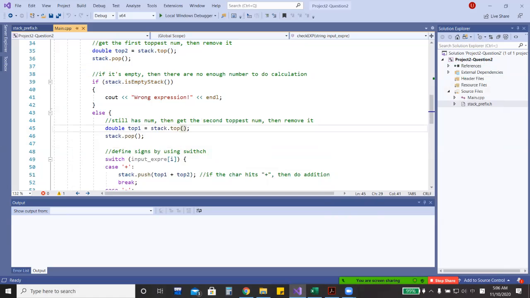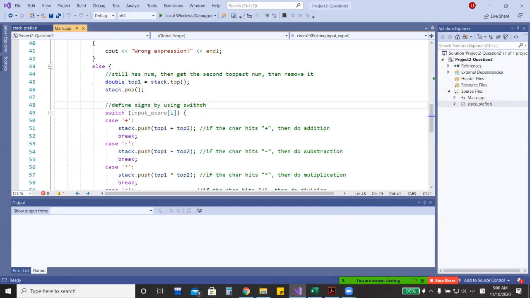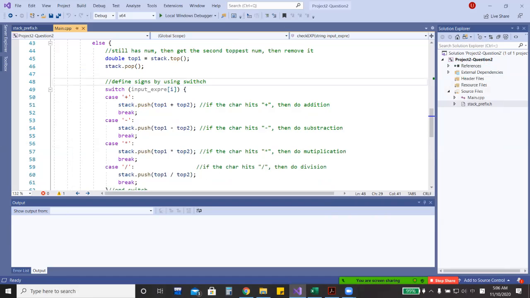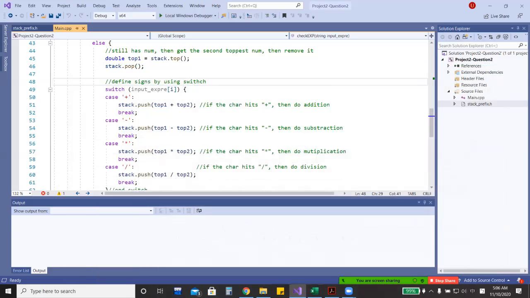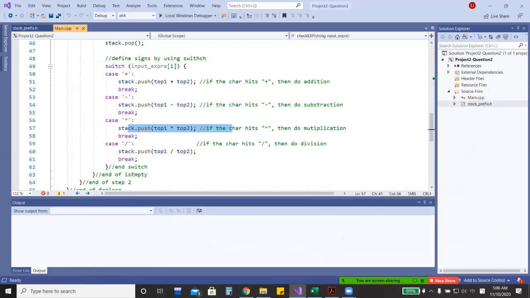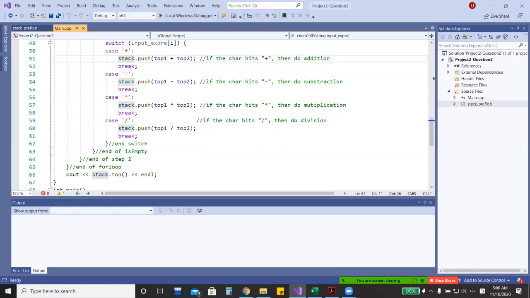Then if it still passes, now we define another number. After I define all the numbers, I will check what kind of sign I got. Here I got the star sign, which lets me do the multiplication. So here is another definition of the sign.